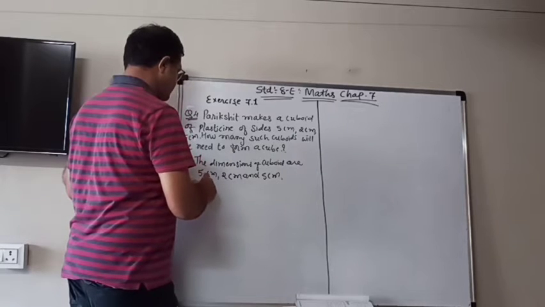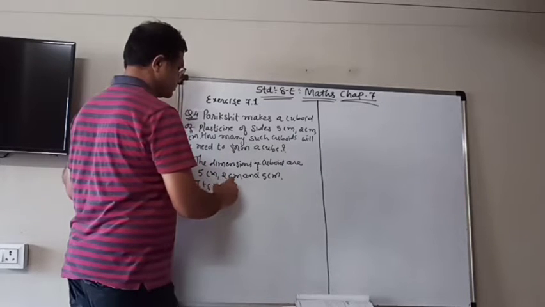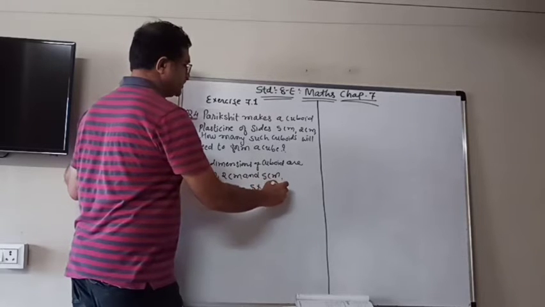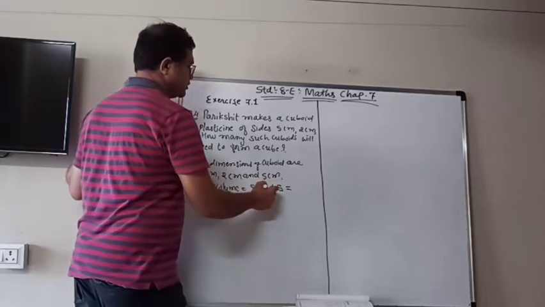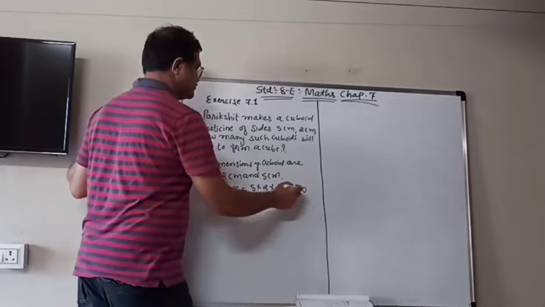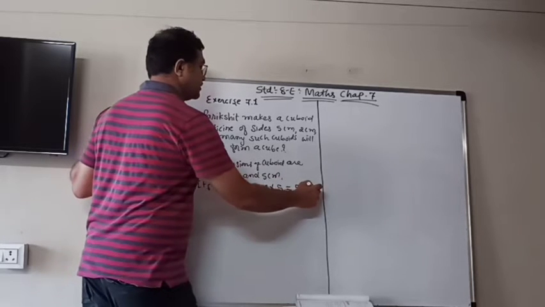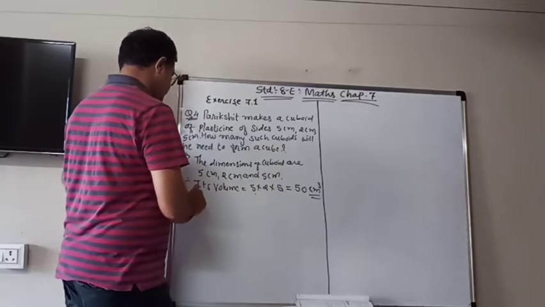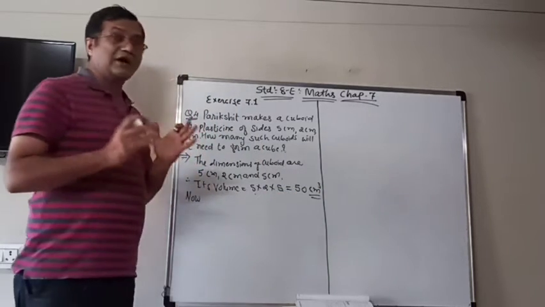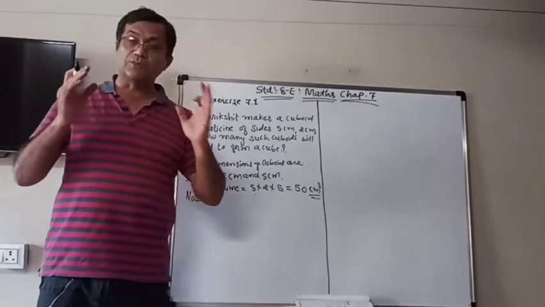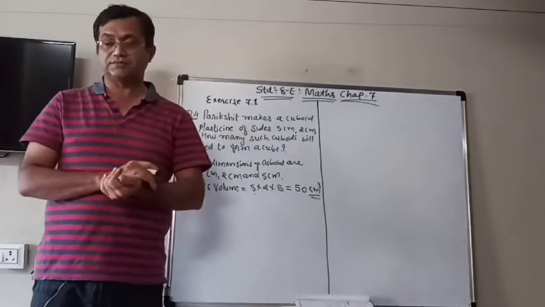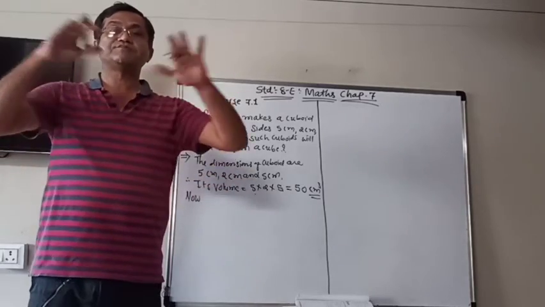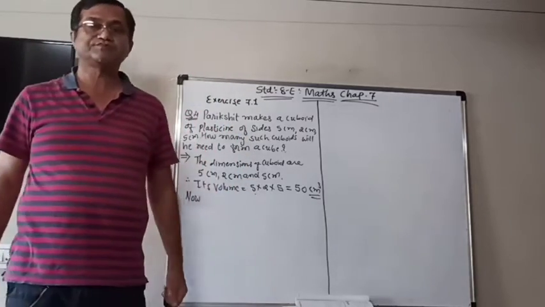Therefore, its volume is equal to 5 multiplied by 2 multiplied by 5, which is equal to 50 centimeter cube. Now, we have to find the number of such cuboids required so that when we join them, it makes a cube.